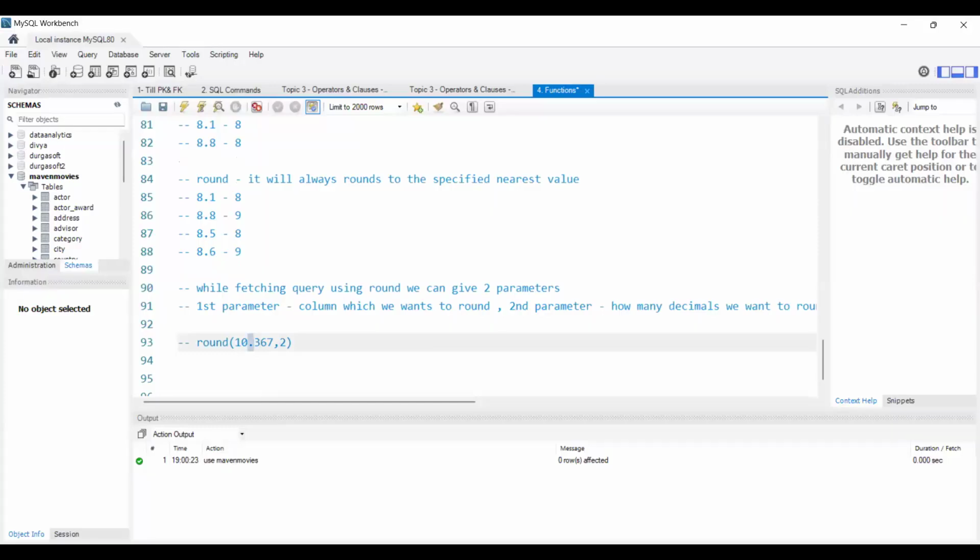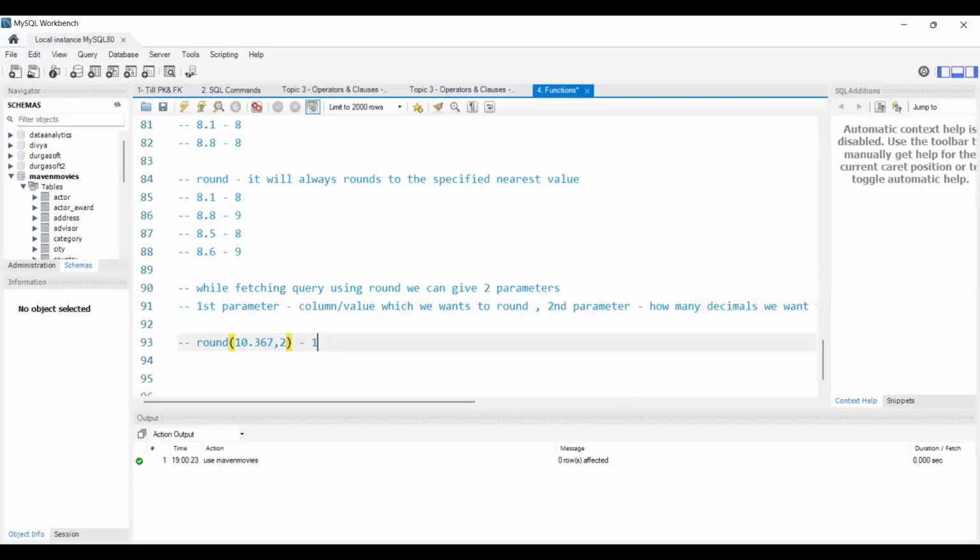In this, the first parameter is what we want to round, here this value, so I can say column or value. And the second parameter is how many decimals we want to round. If I give 2 here, I mean that after the decimal point I want to round to the second digit. That is, I won't consider 10.3. I will consider 10.36. As 6 is the greater value, my answer would be like 10.4, right?